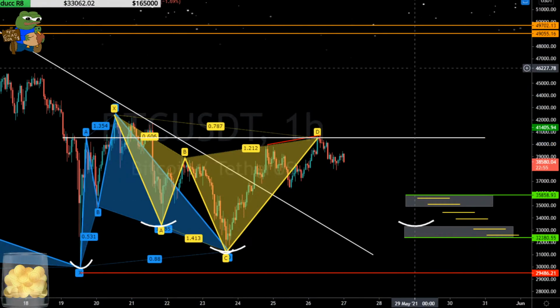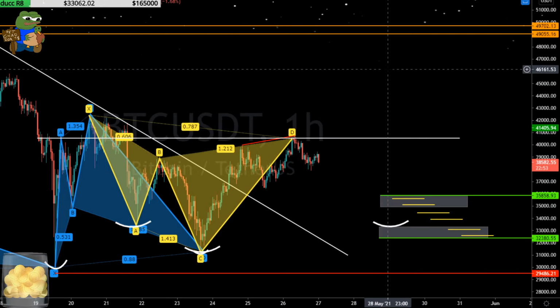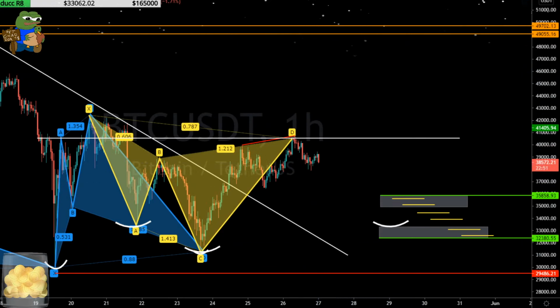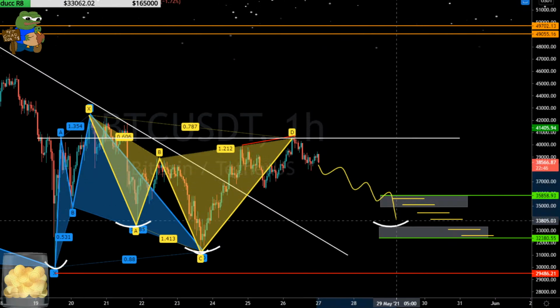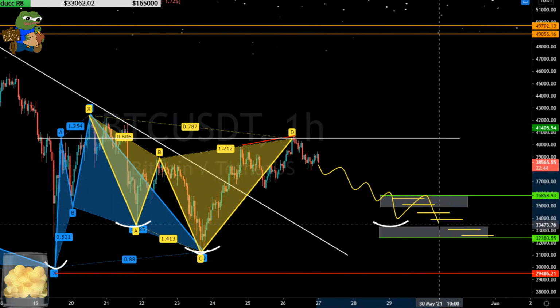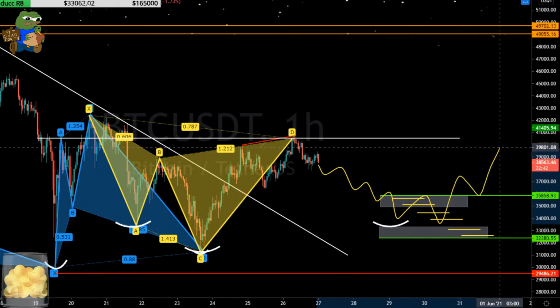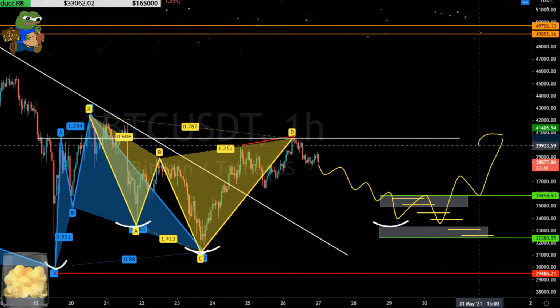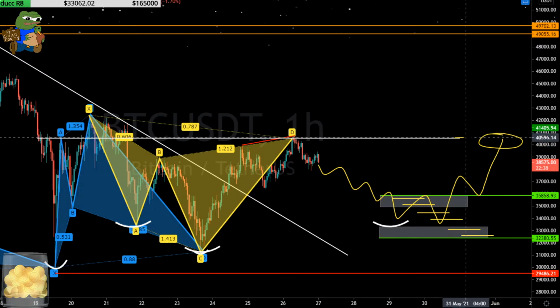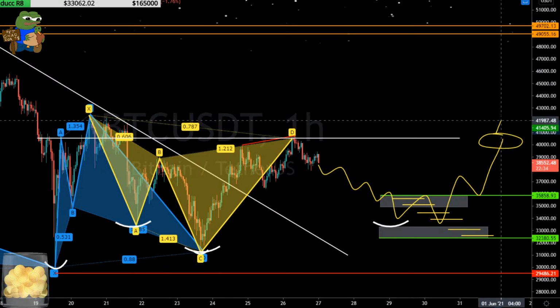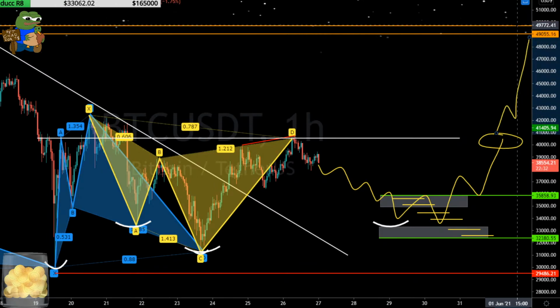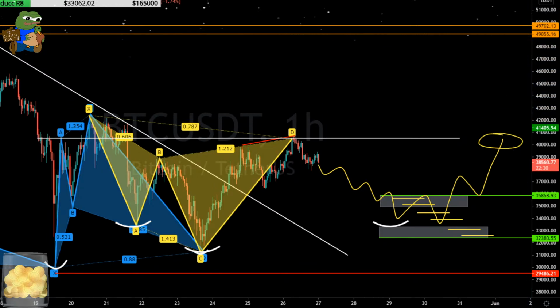So we'd be looking to drop into this zone and then come back out of it. And once we get back to this 40K level again, ideally we should break it this next time and go up to the next range up, okay?